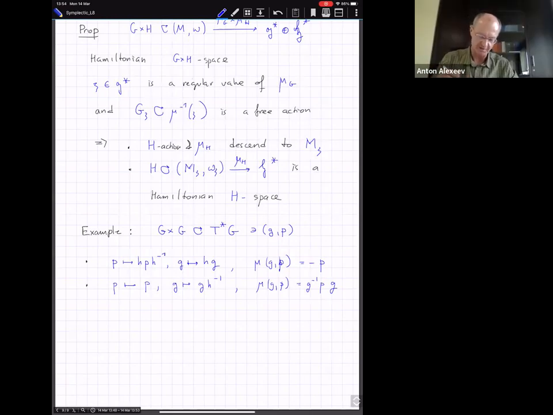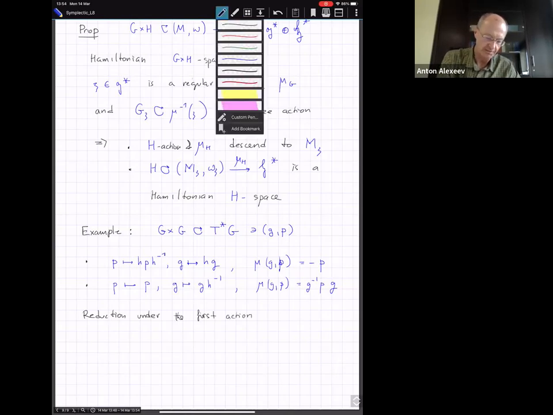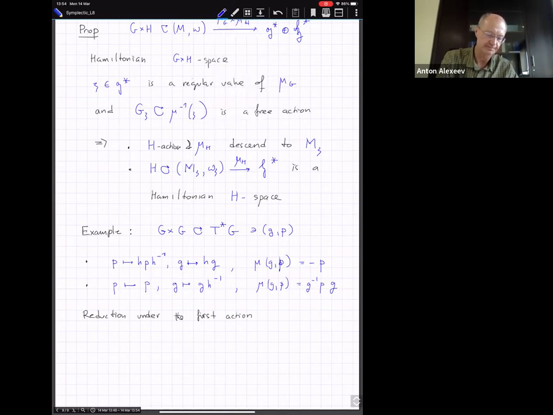It's not important. Okay, so we do the reduction under the first action. We fix the moment map.